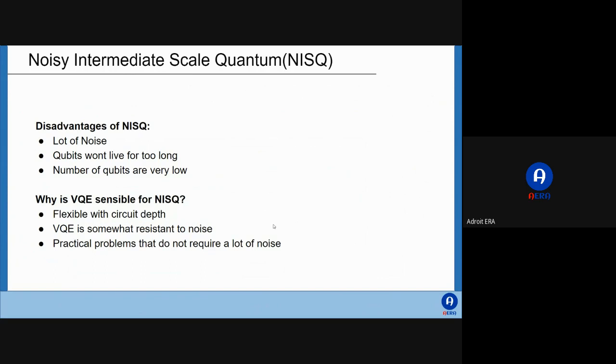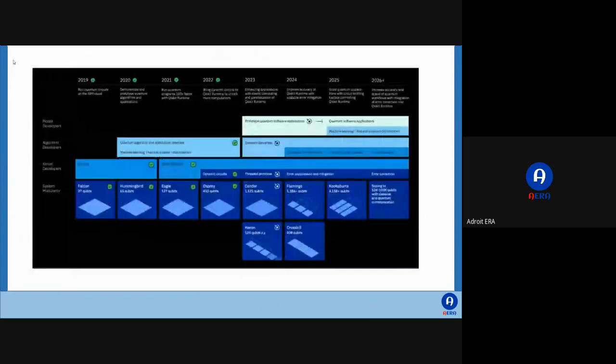But we have a lot of noise and decoherence, so qubits won't live for a long time. The number of qubits is also very low, like 433. That is around 2 to the power 19 or 20, so 433 is nothing.